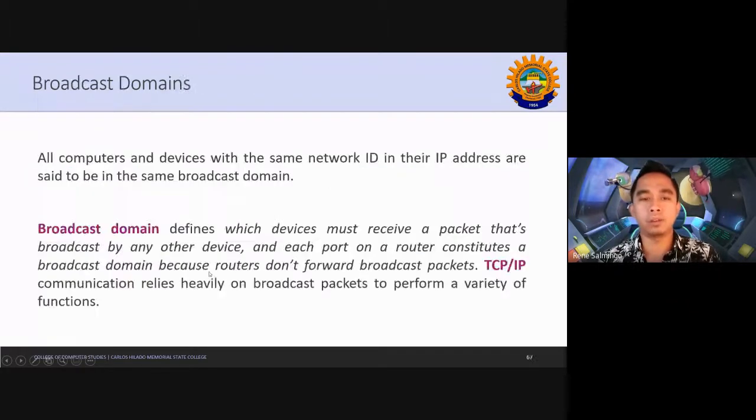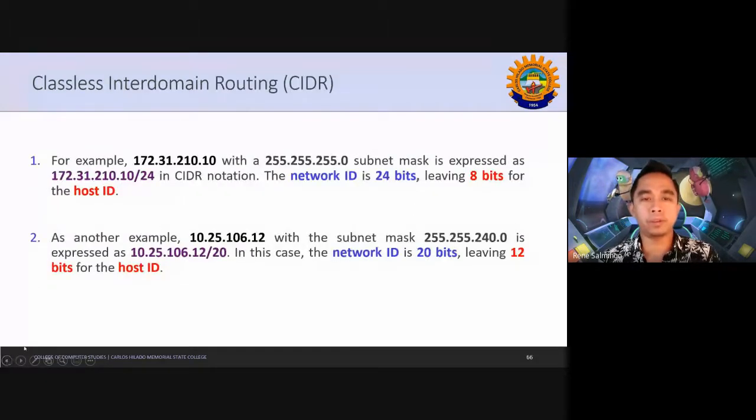Now, we have this part. This is classless interdomain routing. This allows you to separate connections and allow you to use the IP address to specific values so that you're not going to utilize all of it.